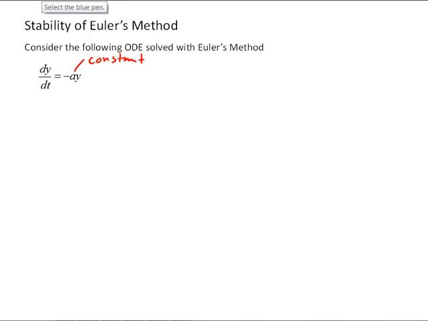So let's start by figuring out the analytical solution, or exact solution. We can get it again by separation of variables.